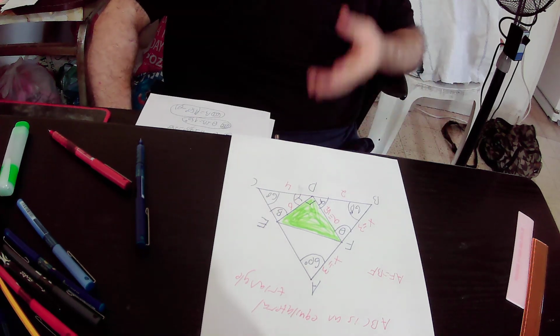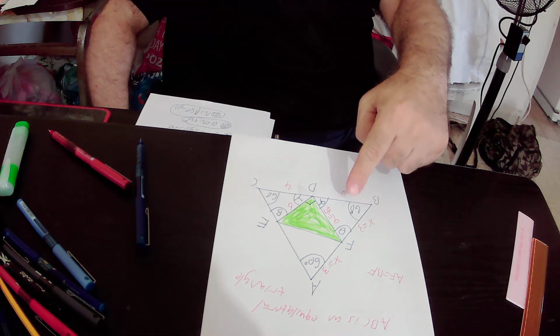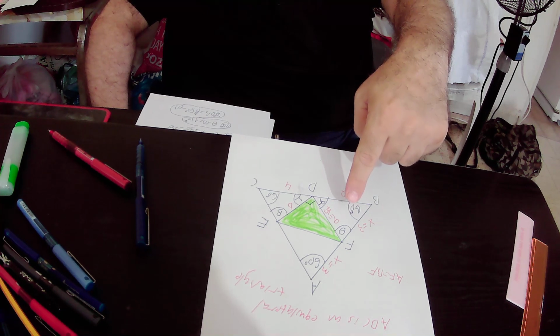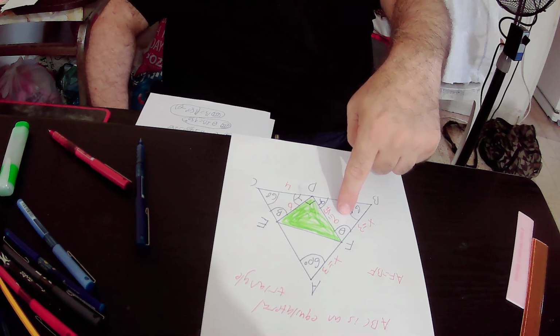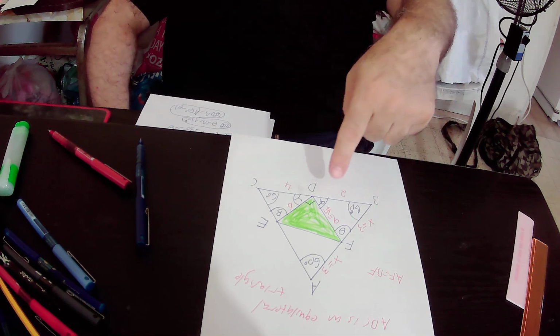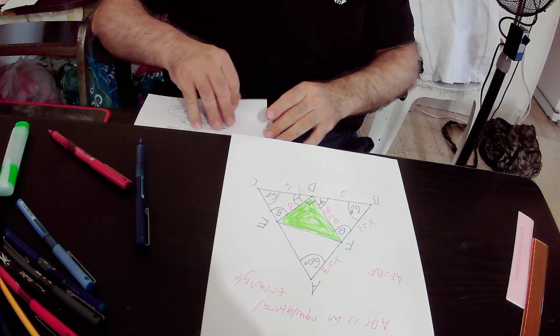And we know that the sum of the angles in any triangle equals 180 degrees, and especially the sum of the angles in triangle BFD equals 180 degrees. That is to say, 60 degrees plus alpha plus theta equals 180 degrees.